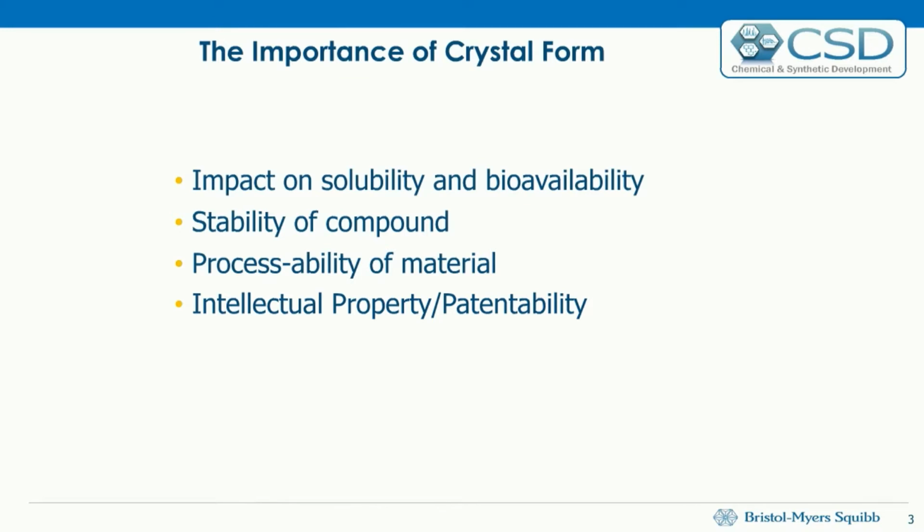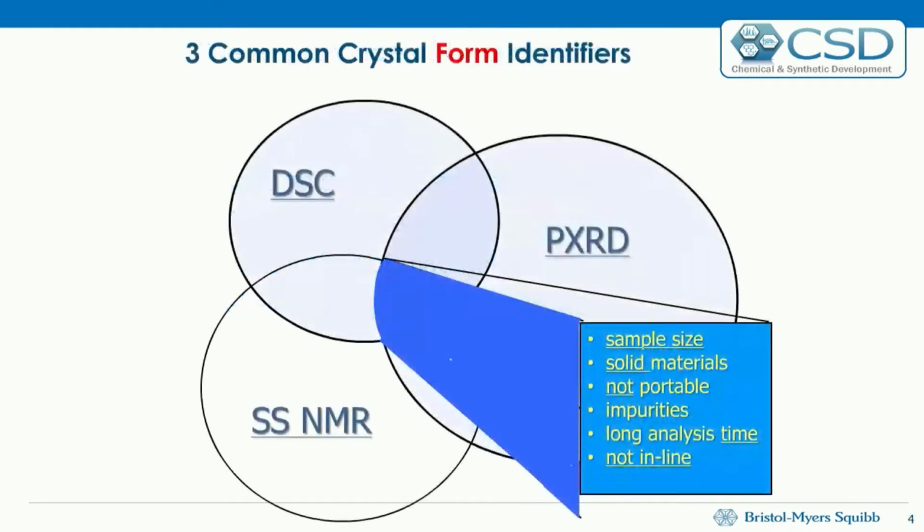So you'll probably have to go through some milling to come up with a uniform particle size. And of course, one of the backbones is the intellectual property, the patentability. So you want to get all crystal forms that are available. You want to have them fully characterized, and you want to have absolute control over that crystal form when you're making your active pharmaceutical ingredient, that which will go into your tablets.